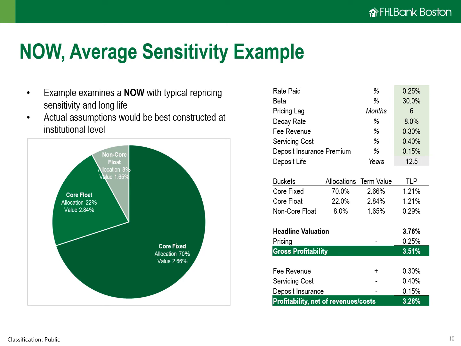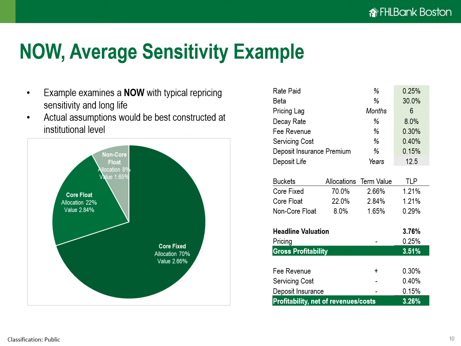In this example, it's 284. And again, those numbers may seem a little odd right now, but that's because the yield curve right now is inverted. And then finally, the non-core float just gets an overnight rate. And as I record this, that's at about 165, and the Fed is widely assumed to be repricing in the near future up to a level of 250, but right now it's at 165.